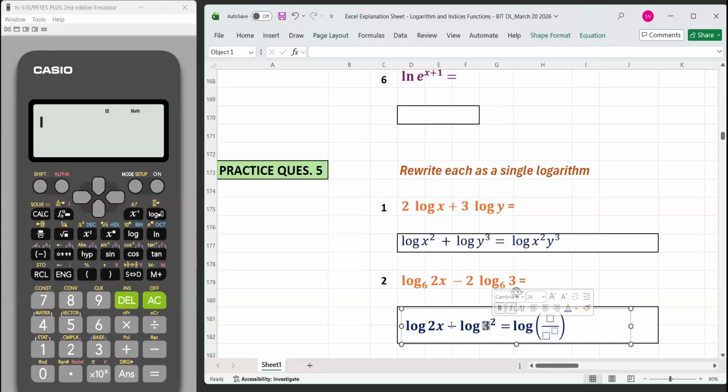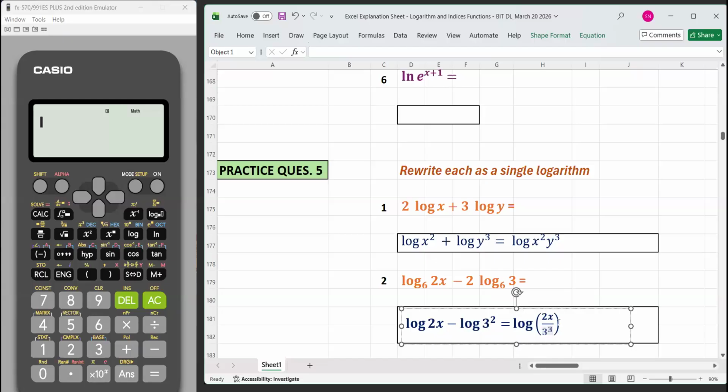Now, we have subtraction. From the rules of log, when we are subtracting, what happens to the log? We divide. Exactly. So we are going to divide, and 2x will be in the numerator, all divided by 3 squared. What is 3 squared? 9. Thank you.